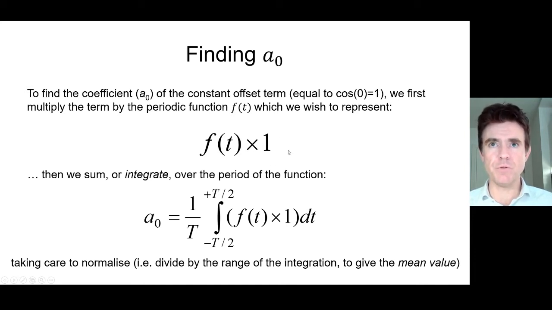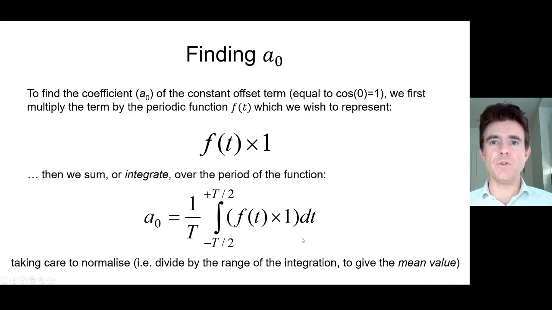So if we're trying to find the coefficient of cos 0, the coefficient of 1, if you like, the constant term, then we take f of t, multiply it by that 1, and then we integrate it over the period of the function, and then divide by the range of that integration, and that will give us a0.